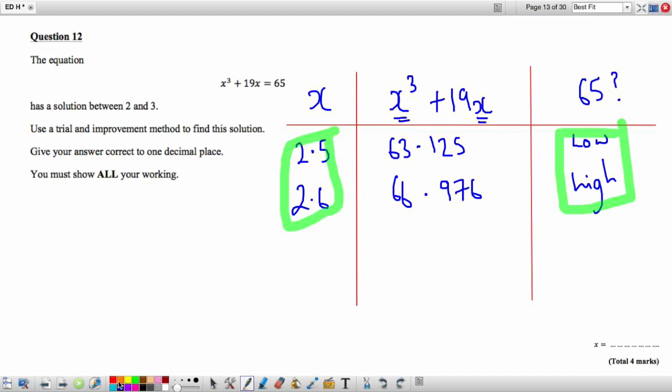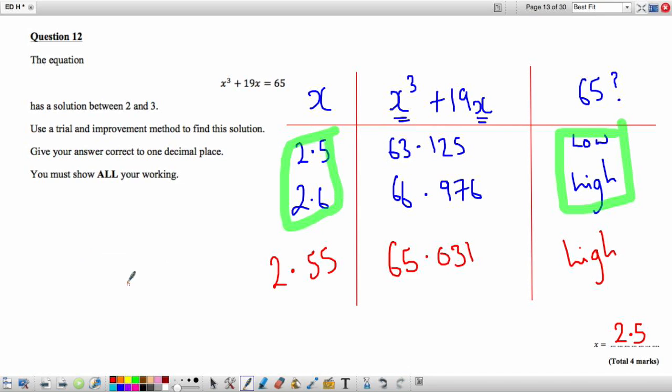Therefore, you can now check by going halfway between these 2 values, 2.55. Substituting that gives you 65.031, which is too high, it's above 65. That means that the answer correct to 1 decimal place is 2.5.